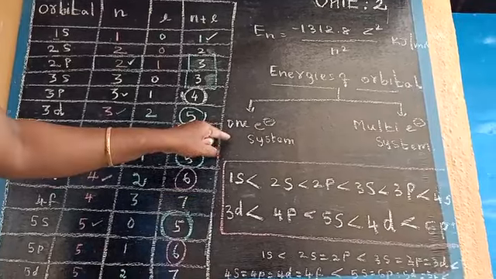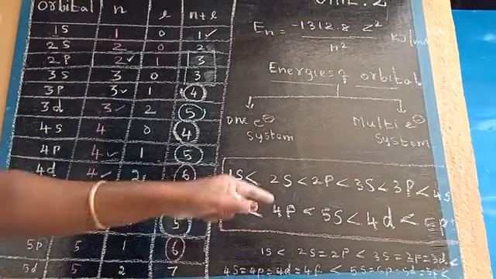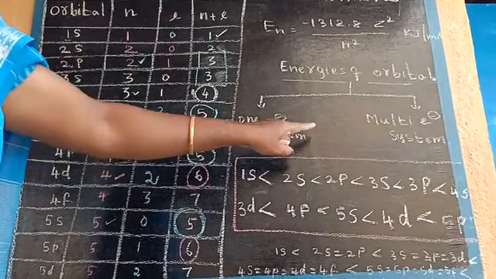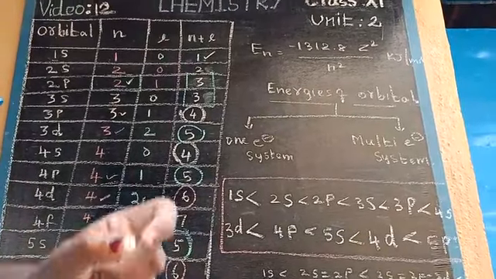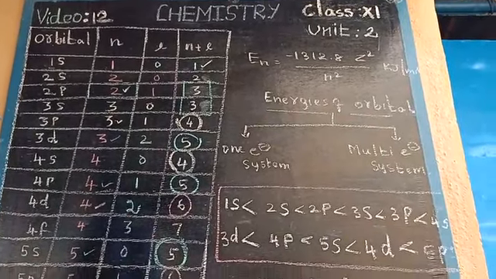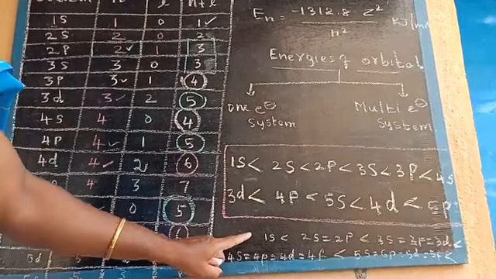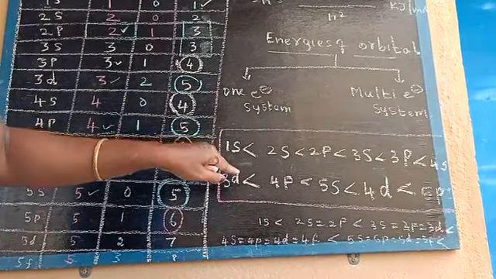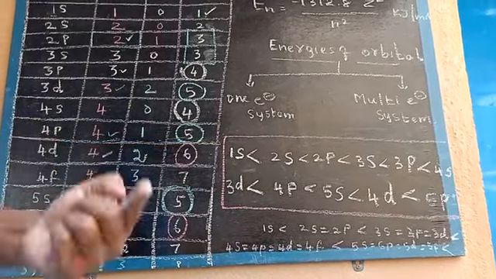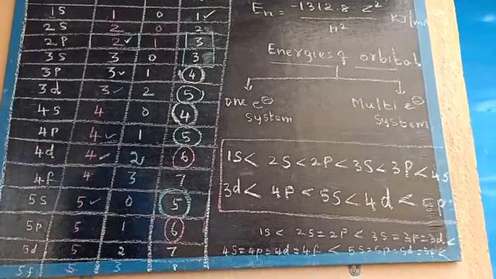This energies of orbitals is explained based on one electron system as well as multi-electron system. One electron system is only applicable for hydrogen, an element containing one electron. This is the order. In multi-electron system, the order is changed. It cannot follow the one electron system.